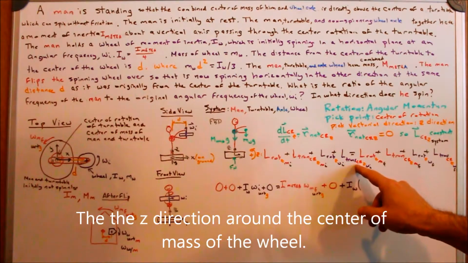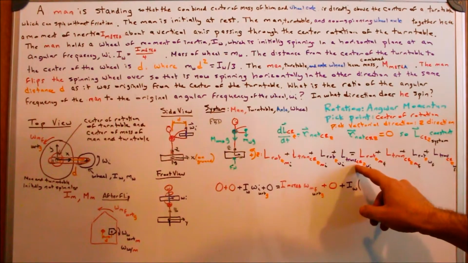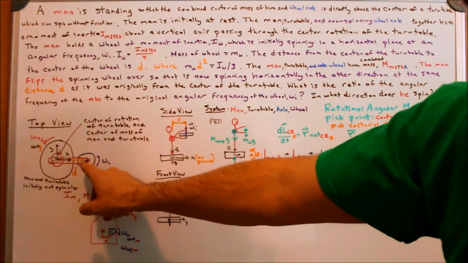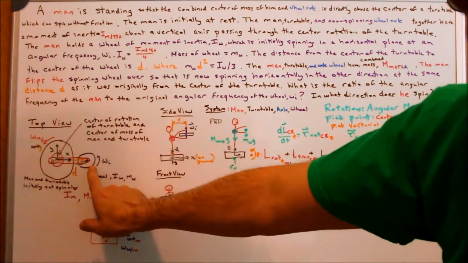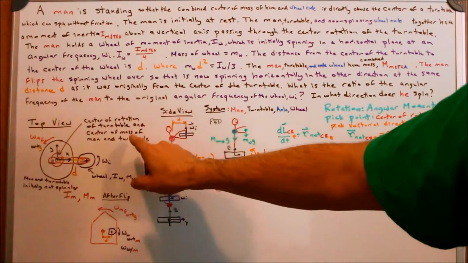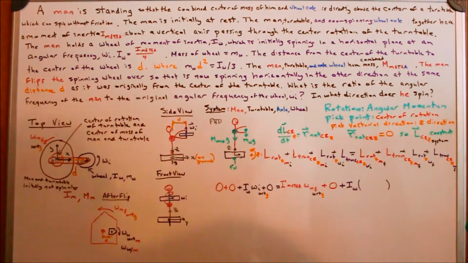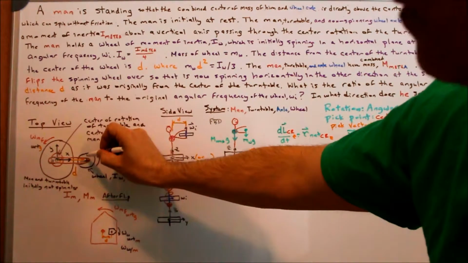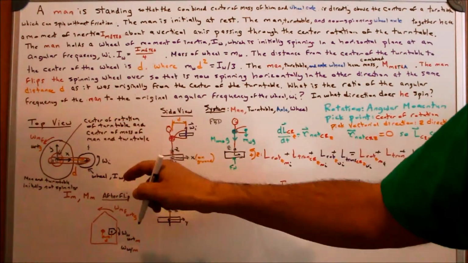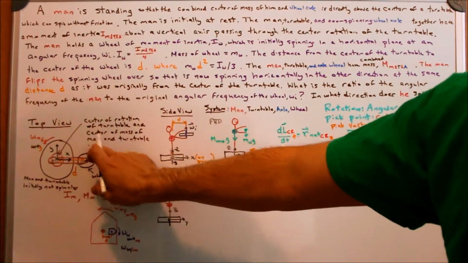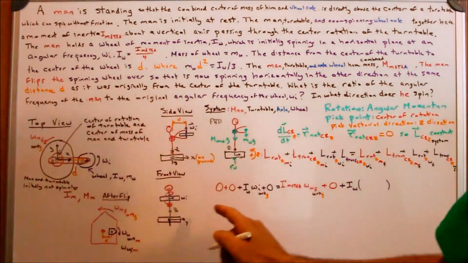Translational angular momentum of the center of the wheel around the center of rotation initially is r cross p, and p is mv. Well, I'm told that initially this is being held in a fixed position. There is no velocity of the center of mass initially, so that's 0. So that's all my initial angular momentum around the center of rotation in the positive z direction.